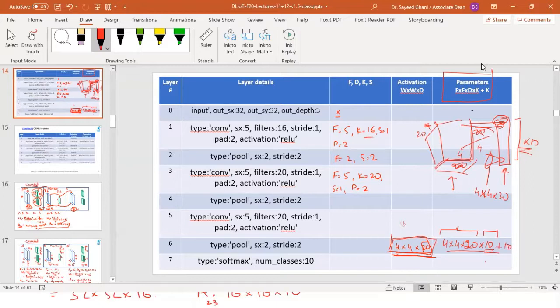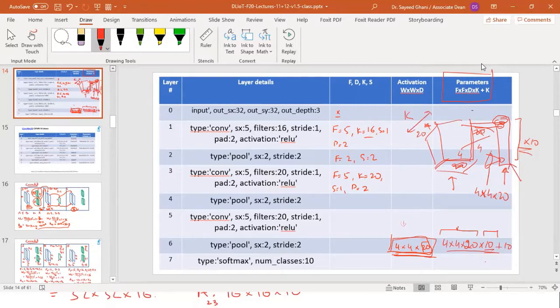Because basically these are the different filters. This is the equivalent of 10. Remember, K is basically the depth of the output. So the correct answer is 10. For each one of these outputs, there is going to be a bias.